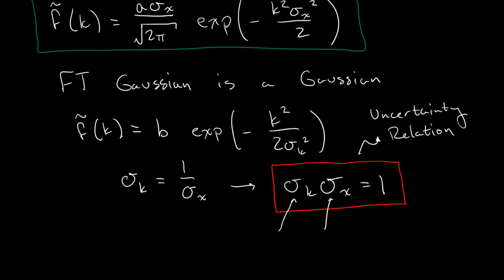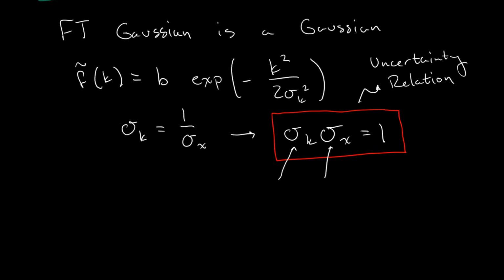Say I'm dropping a ball, and I have a distribution of where the ball might land. And it's described by a Gaussian. Now, if I then go and look at what k that ball might have, I find that if I better know where that ball will land, I don't know as much what k will be when it lands. Right? Does that make sense?